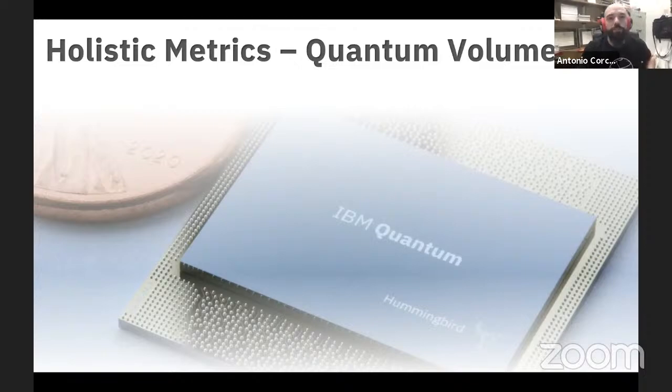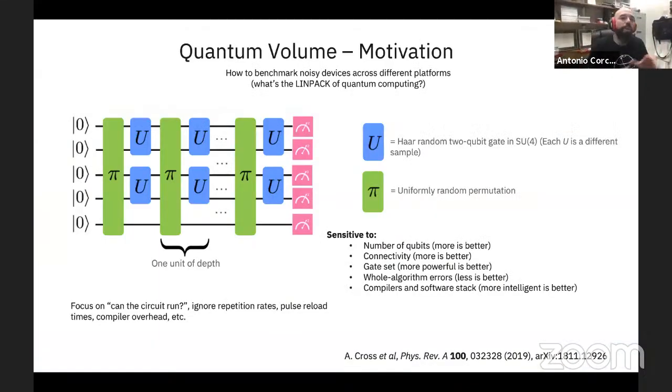So as we were saying, for randomized benchmarking, the fact that you have random circuits is normally very useful, because it treats the noise at an equal level. So we want to run these random circuits, and this is a metric called quantum volume that we defined a few years ago.